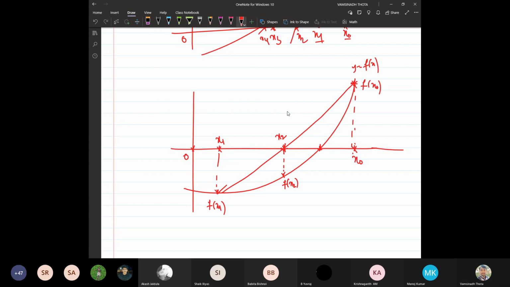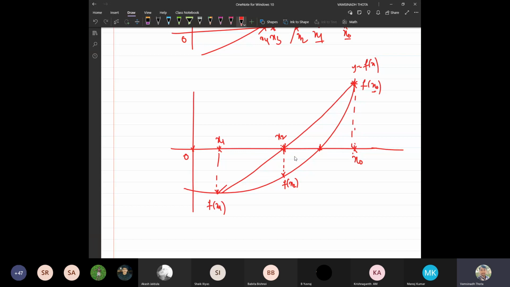Now, which one we should go for? x1, x2 or x2, x0? Any guess? What is the next interval from the graph of the function? x2 and x0.